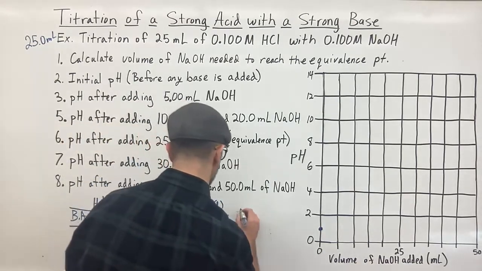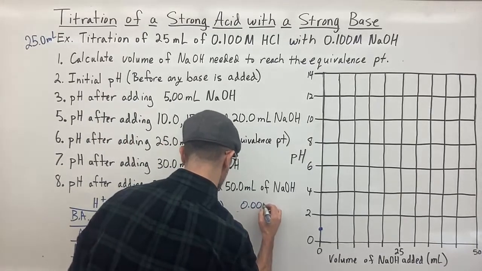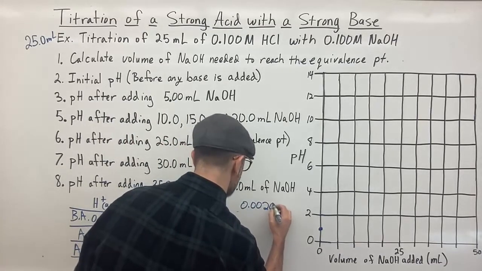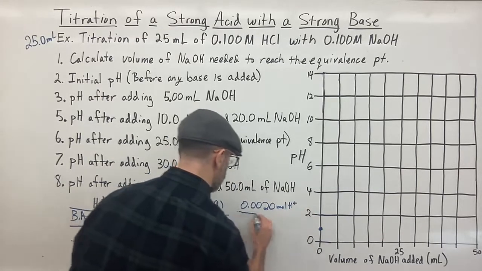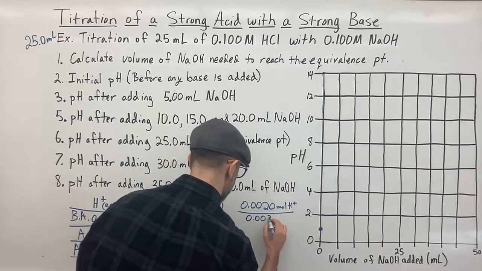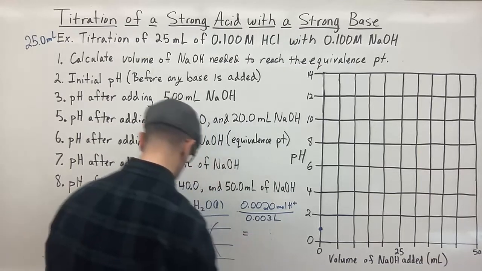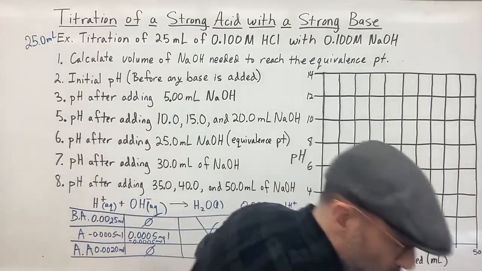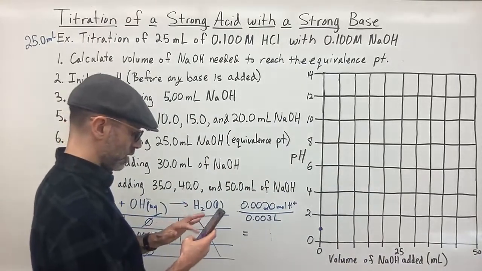So we take the 0.002 moles of H plus that are left over, and divide that by 0.003 liters.